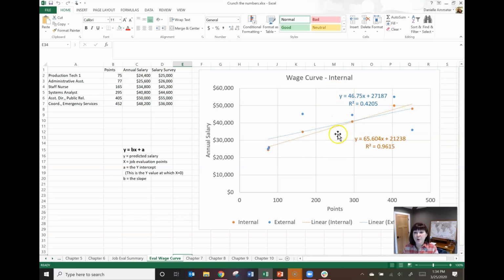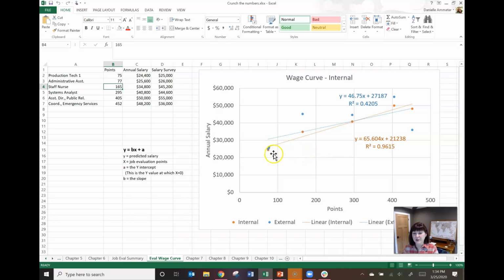What we're going to want to do is to predict Y by putting in points. So if we're looking at staff nurse, we have 165 points. We come up here, we can see this is how much we're paying internally, this is the external. These are the things that compensation analysts need to be looking at.